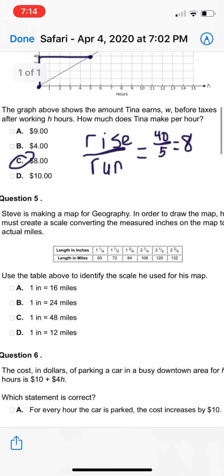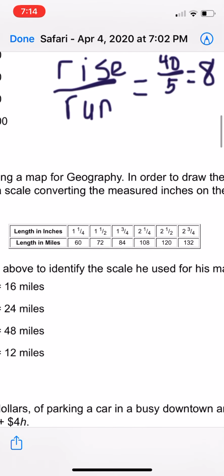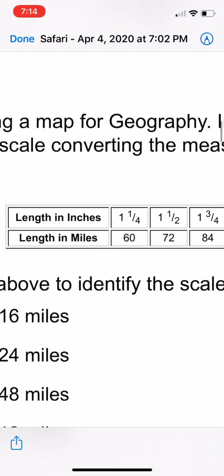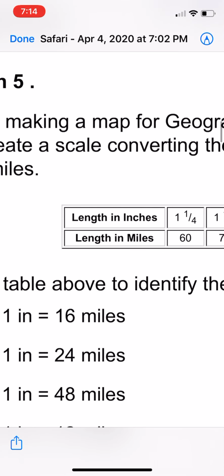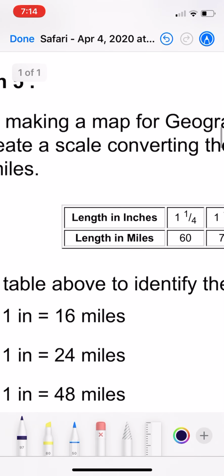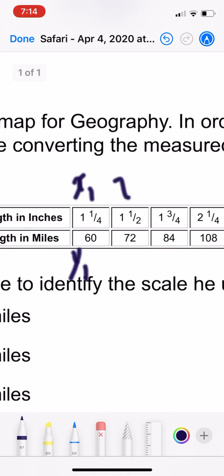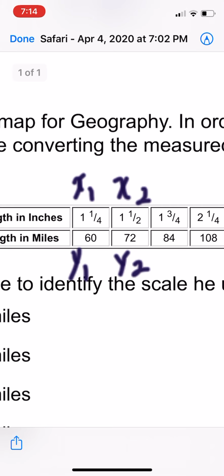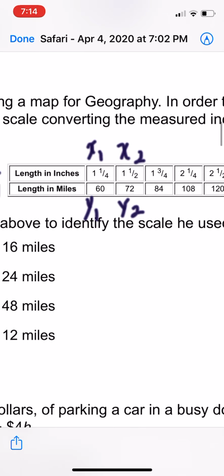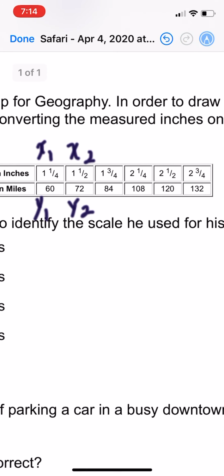All right. In this question, we have this horizontal graph. When we're given a horizontal graph, the x's are at the top, y's are at the bottom. But you do the same thing. X1, Y1, X2, Y2. And you use these values and you plug them into your formula.